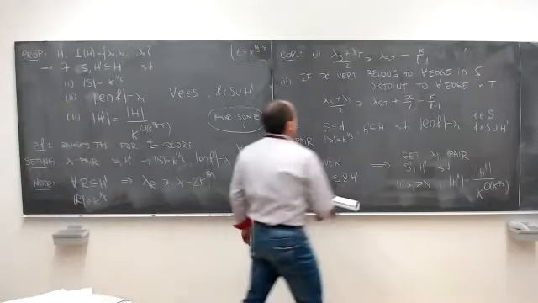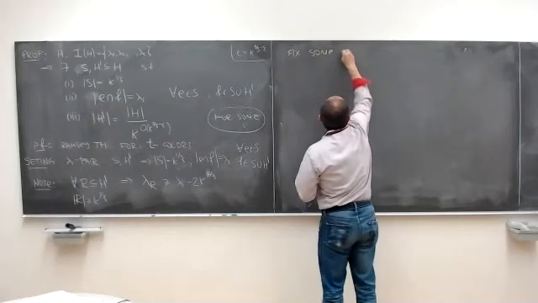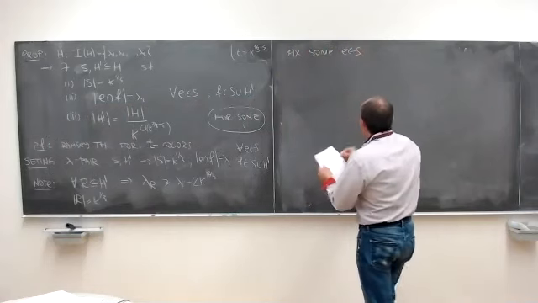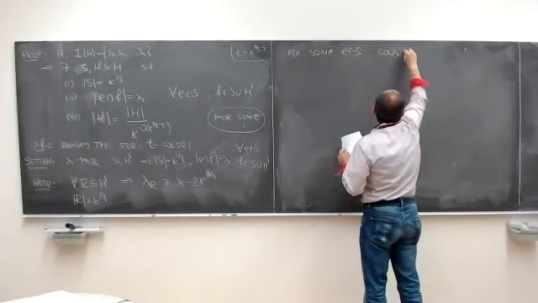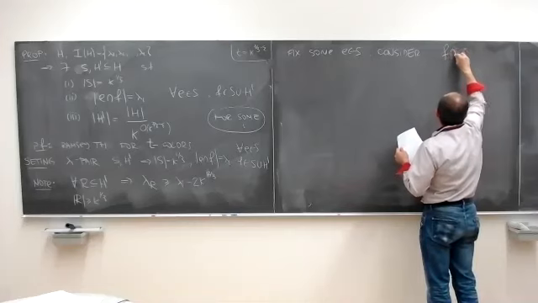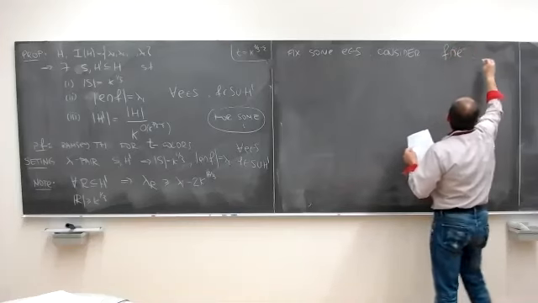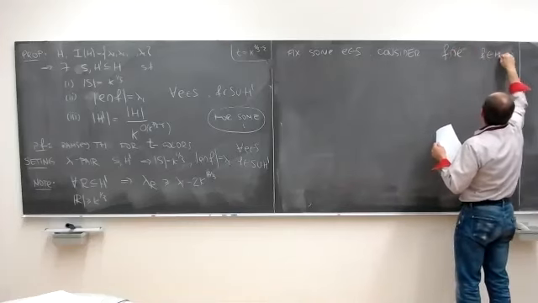So now we have two cases to look at. We fix some E inside S, and we look at all intersections of F with E, where F belongs to H prime.